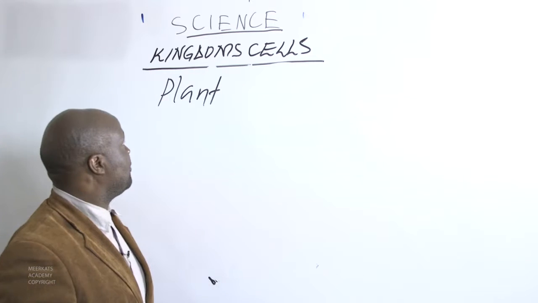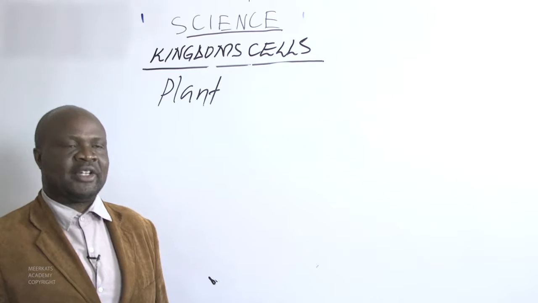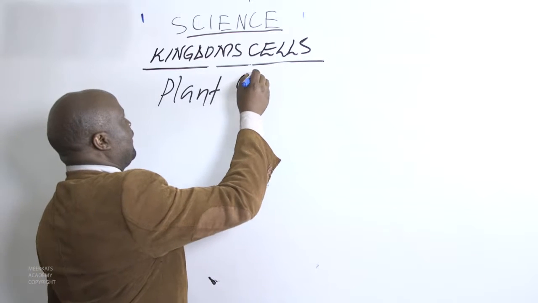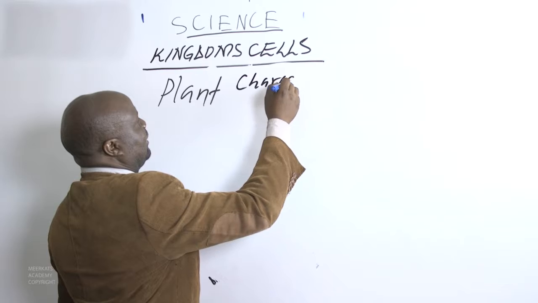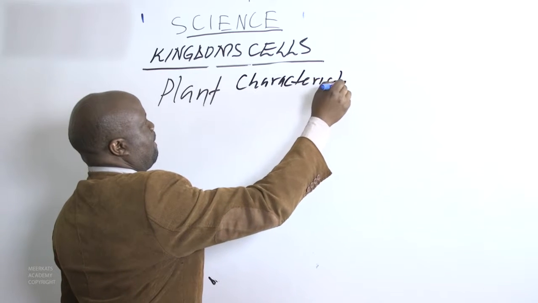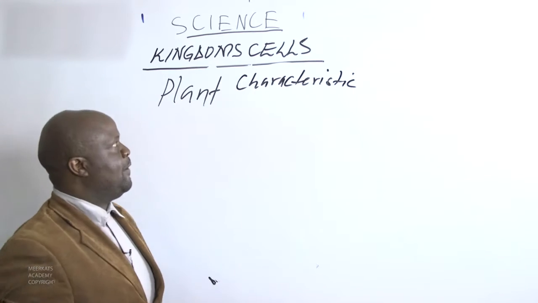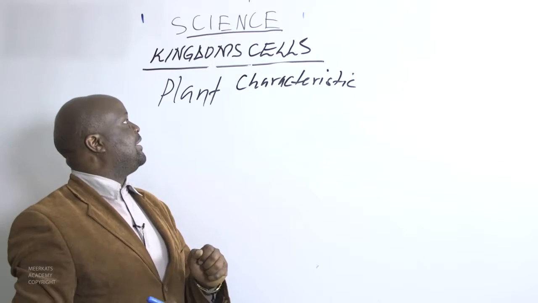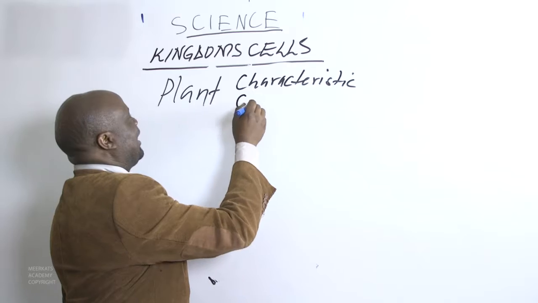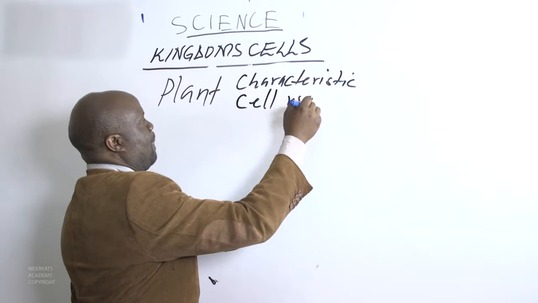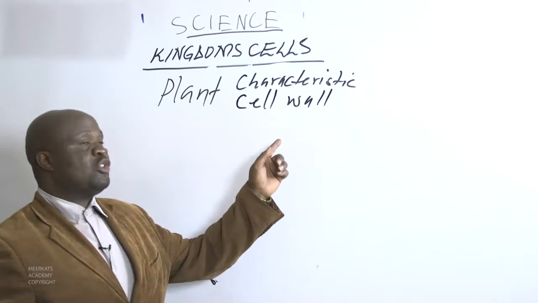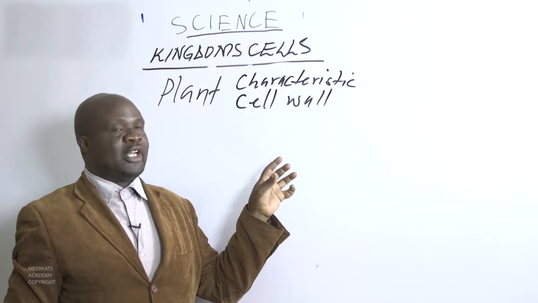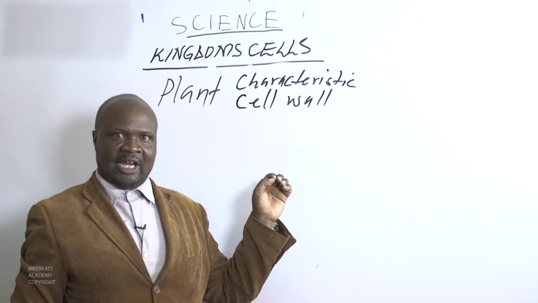Some of the obvious characteristics you will find when you look through a microscope: one, a plant cell will have a cell wall. This was absent when we were looking at the structure of an animal cell.